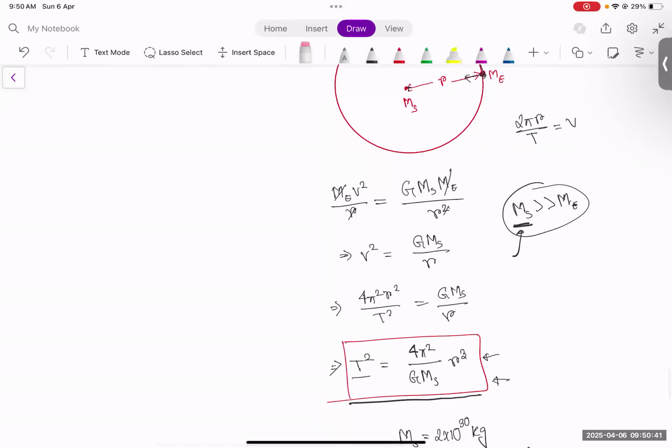What other possible scenario could there be? Suppose a satellite is orbiting around the Earth. Usually for all of the satellites we use, Earth's mass is huge compared to them. What is a satellite's mass? Maybe like 4000 kg. What is Earth's mass? Earth's mass is 6 into 10 to the power 24 kg, which is huge. So in those cases, you can use this equation as well, because Earth's mass is much greater than the mass of those satellites.